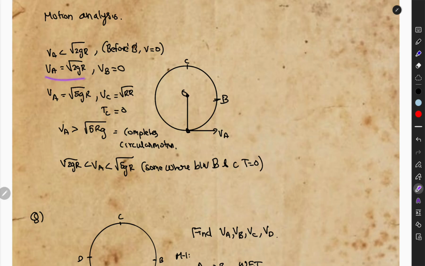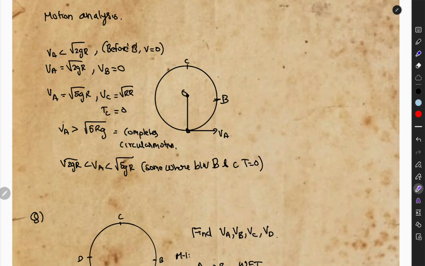So what if velocity is equal to root under 2gr? Then at b the velocity will be equal to 0. What if the velocity at a is given as root under 5gr? We have studied before that it can complete it, and vc will be root gr.